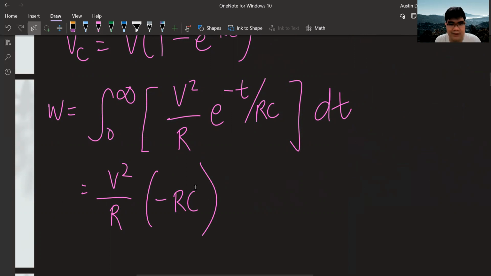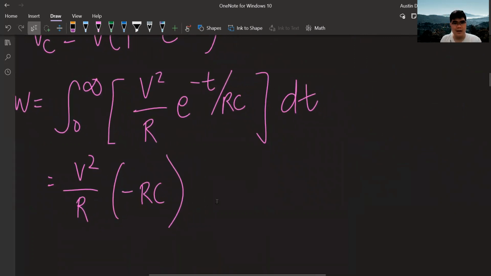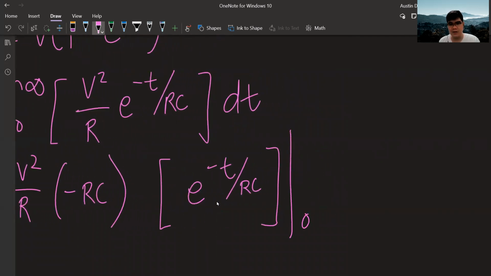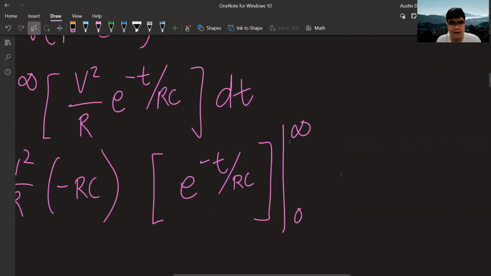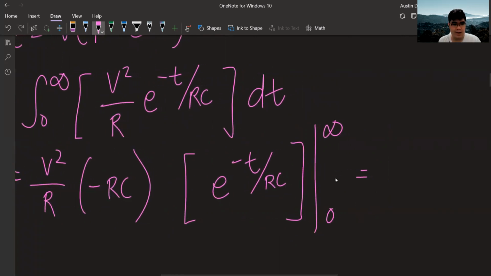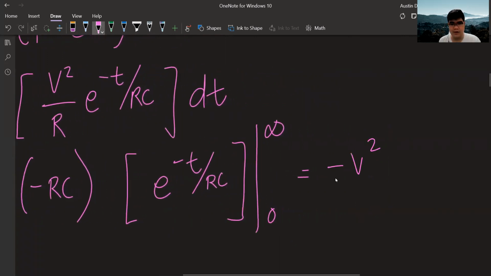Magbabaliktad din yung sign. Okay, and then you're left with e raised to negative t over RC. Integral niyan, same lang, di ba? Kasi exponential lang naman siya. Then we go from 0 to infinity. We evaluate this guy. So therefore, the total energy is negative V squared.